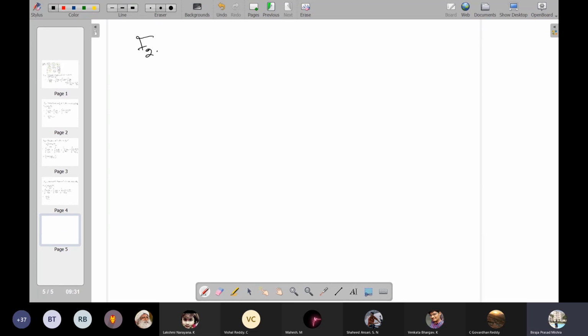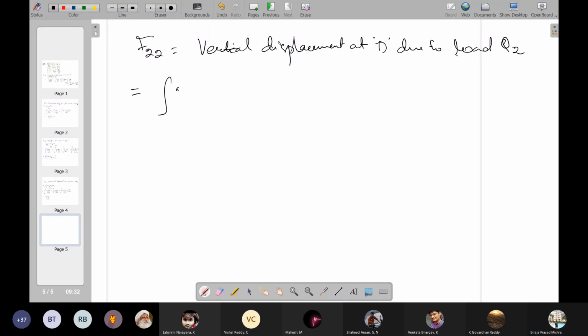So F22 equals, what is F22? It is the vertical displacement at D due to load Q2. So this is summation M2 square dx by EI.